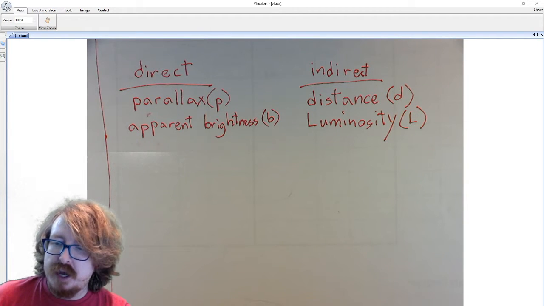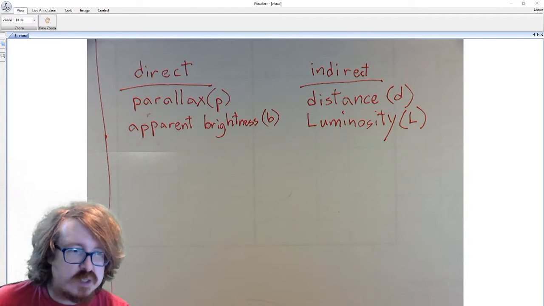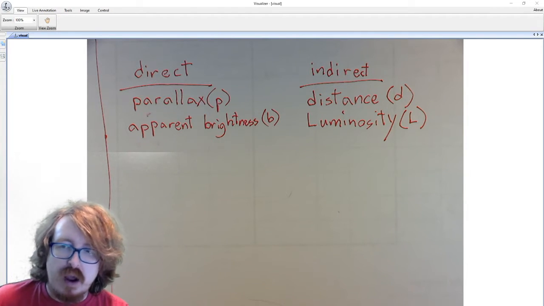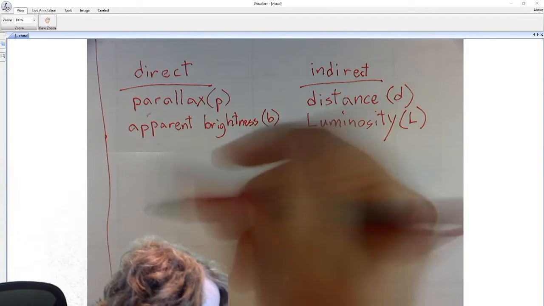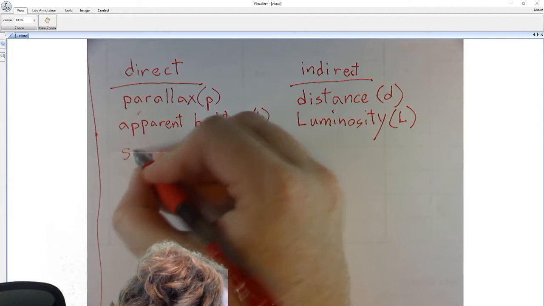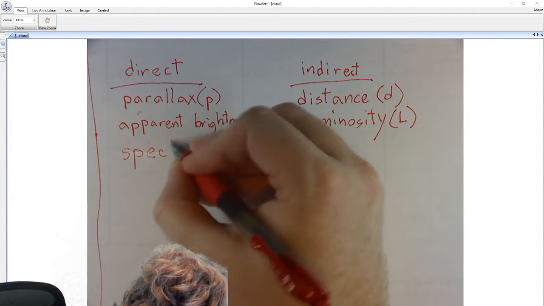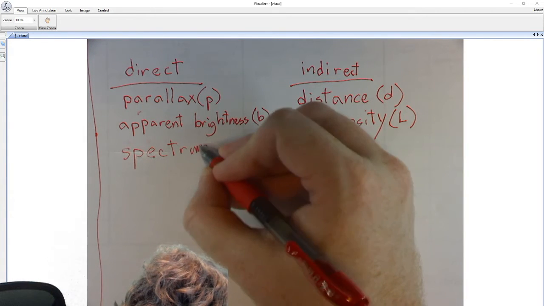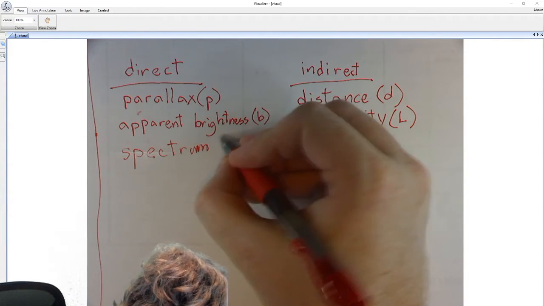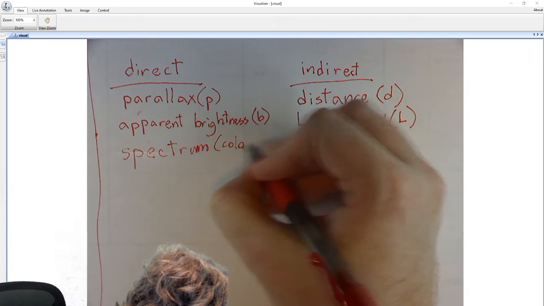Now, here we go. Let's figure this out. I'm going to write it in a specific kind of weird way. Instead of just writing color, I'm going to write spectrum. And I'll put color in parentheses.